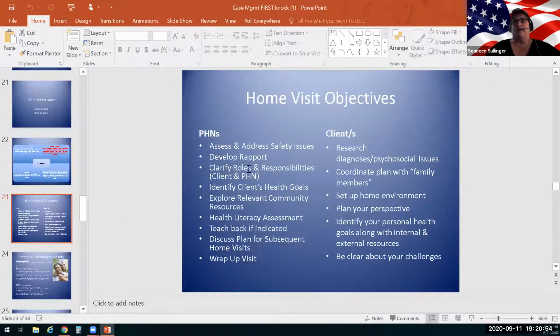So again, safety, developing the rapport, what are the client's goals? I think a health literacy assessment, although not part of our course, is important even in the hospital, to understand what the reading level, if any, of the patient is. It could be that they're Hispanic and they can read Spanish, but they can't read English even though they can speak English.